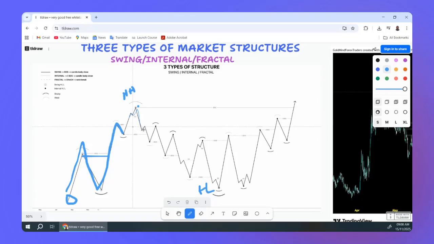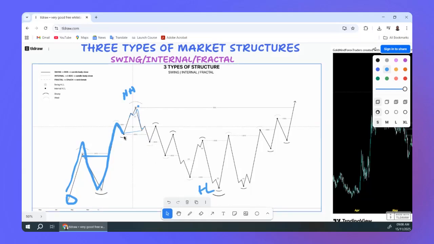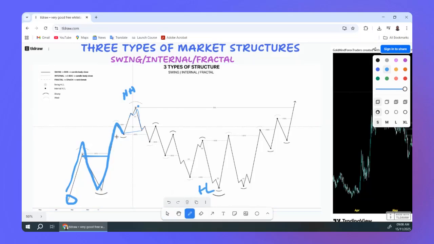But now, how do we confirm when we see this break of structure? You see, this was the high-low of internal structure, but now the market came and broke this structure here, that you see, break of structure.